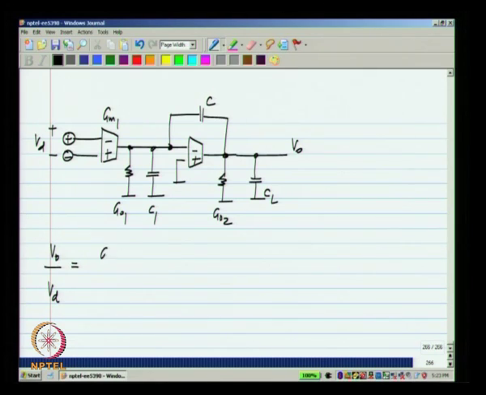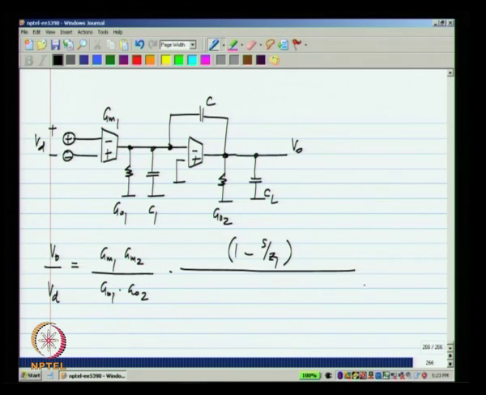We had the DC gain GM1, GM2 by GO1, GO2, and we had a right half plane 0, and we had a second order denominator, which we approximately resolved into two first order factors, S by P1 and S by P2. Okay.